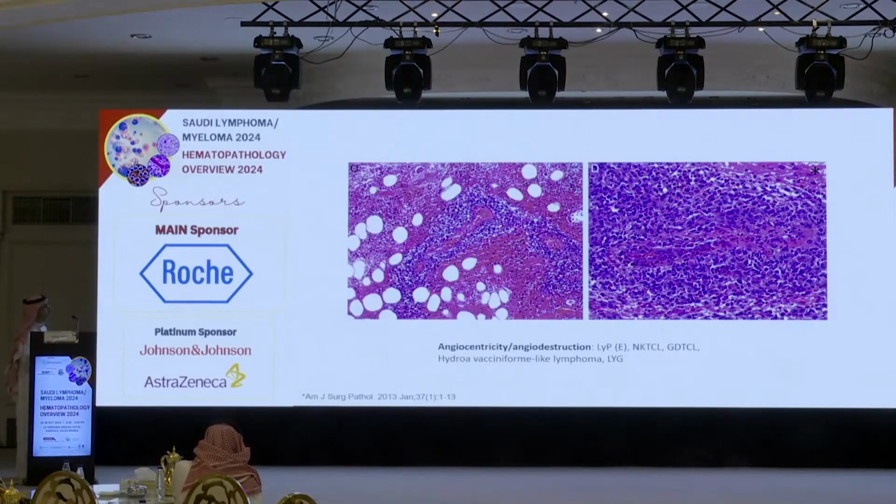And then we look at the infiltrate and its relationship to the vessels. Is there angiodestruction? Is there necrosis? That's seen, for example, in NK/T-cell lymphoma, and can be seen in gamma delta T-cell lymphoma and EBV positive lymphoproliferative disorder. So we look at the vessels and how they are affected.